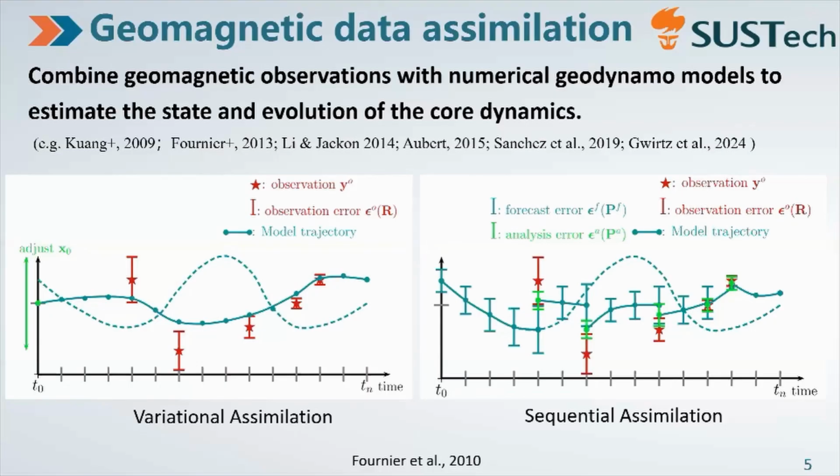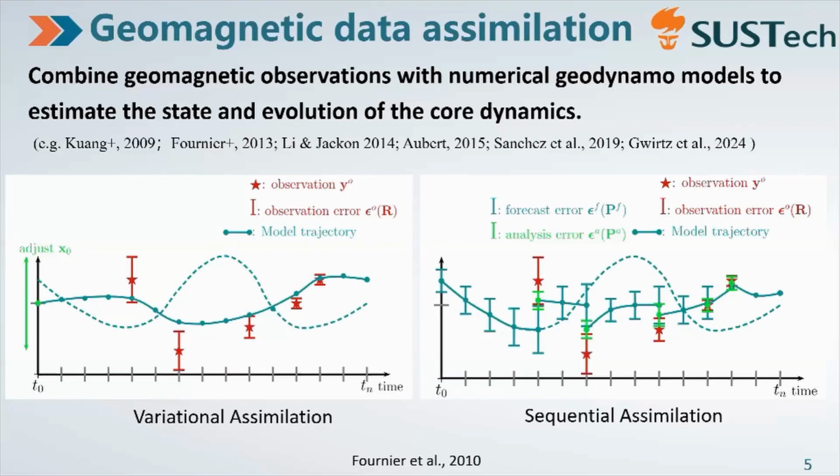In variational data assimilation, you estimate the optimized trajectory of the dynamics which matches the observation and also satisfies the dynamo equations. To get this optimization, you need an adjoint model of the dynamo, which is technically and computationally very challenging.